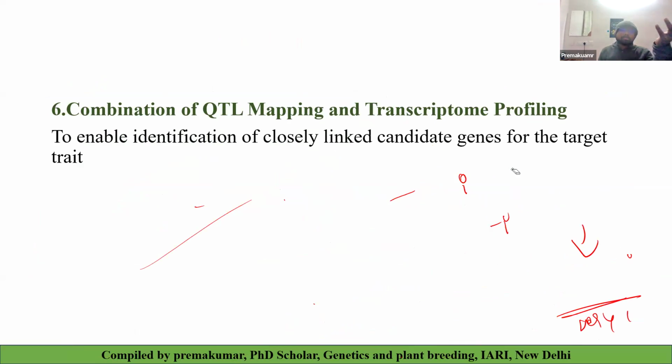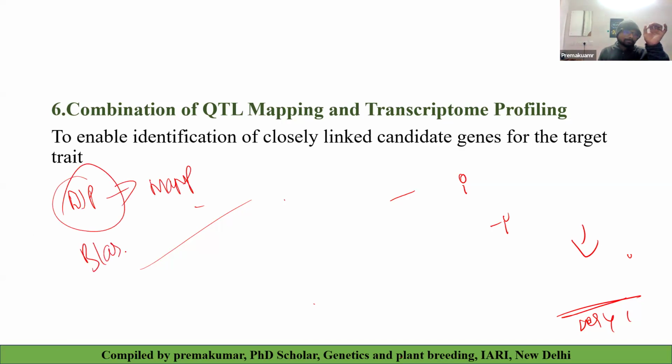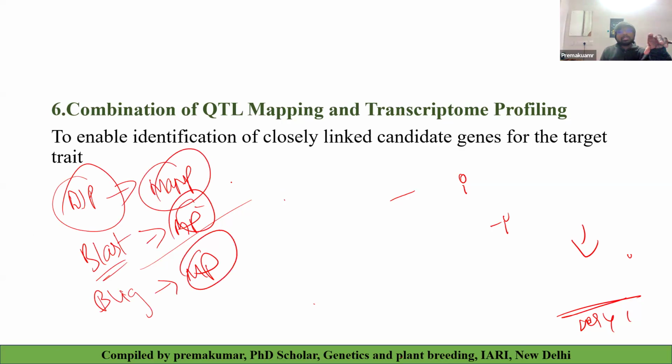And developing a mapping population: for each trait, you have to develop a mapping population. For nematode resistance you have to create one mapping population, for blast another, for blight another. For each one you have to create a different mapping population, then identify markers, then pyramid them into a single line.